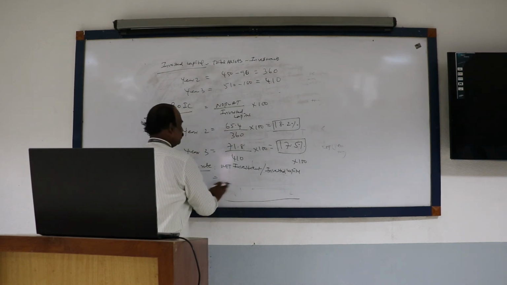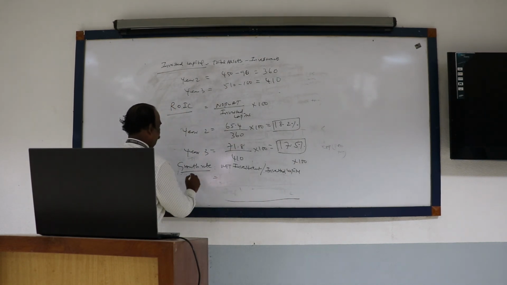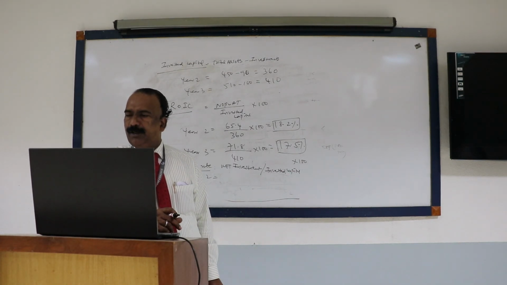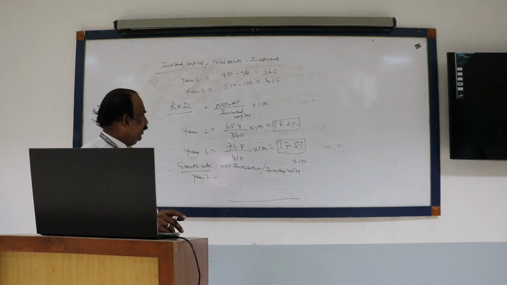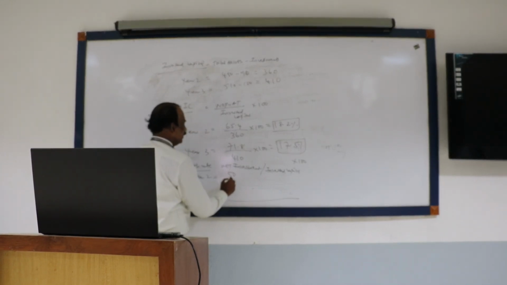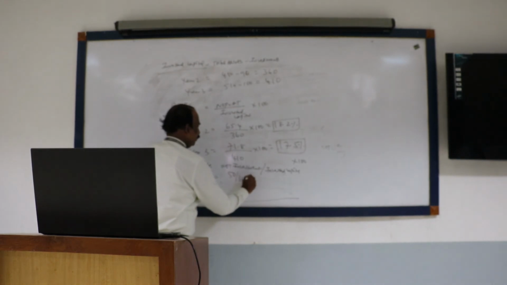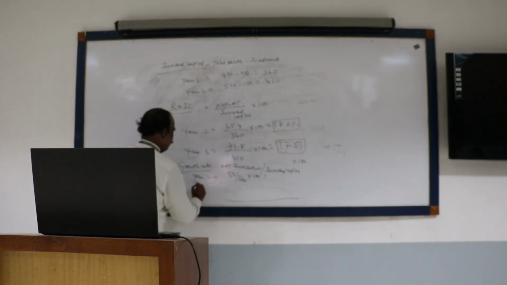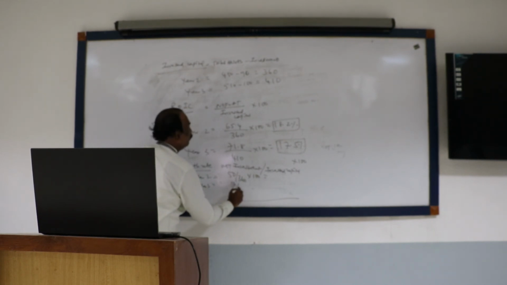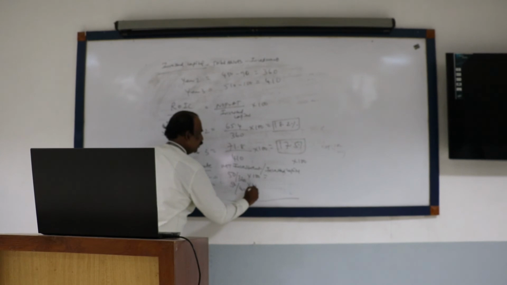Net investment of the second year, how much? 50, no? Yes, sir, 50. So 50 divided by 360 into 100. Year 3 is also 50, so 50 divided by 410 into 100.